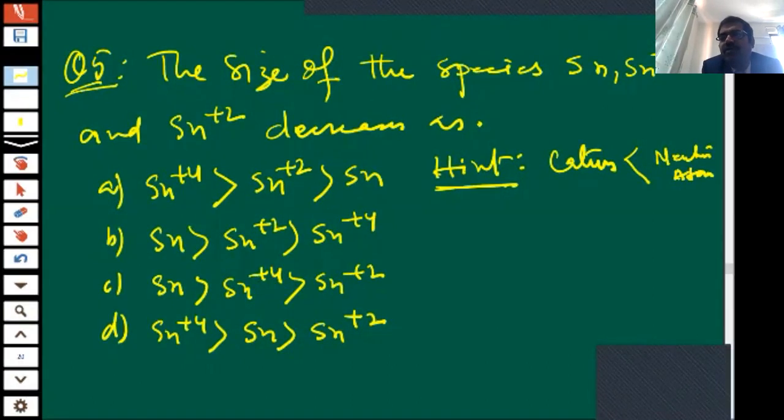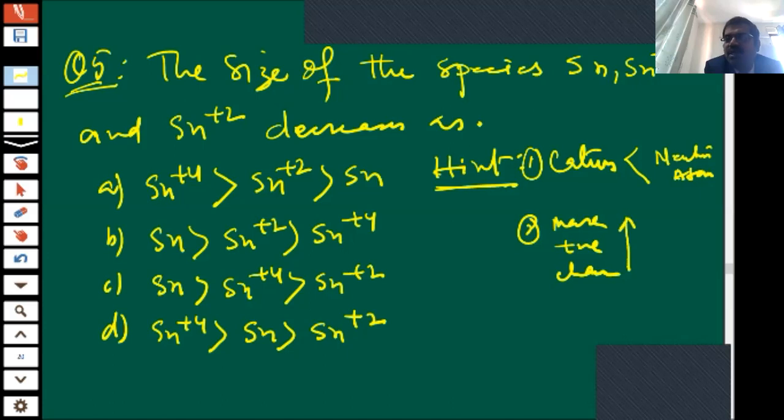Second, the more the positive charge, the smaller the radius. If positive charge increases, then radius decreases. These two pieces of information are there.